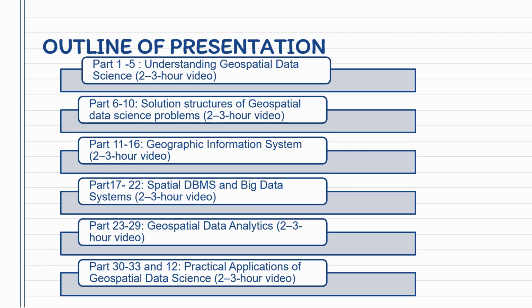Part 23 to 29 will be based on geospatial data analytics, which will also be around 2 to 3 hour video. Part 30 to 33 will concentrate on practical applications of geospatial data science, which will also be around 2 to 3 hour video.